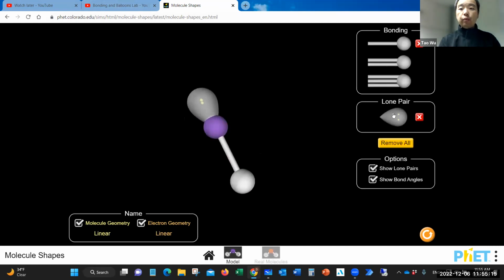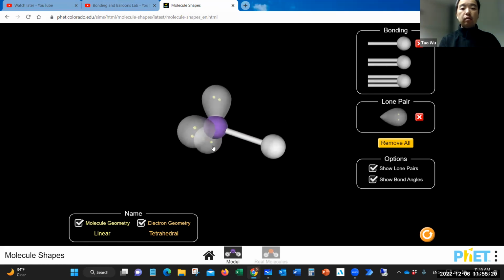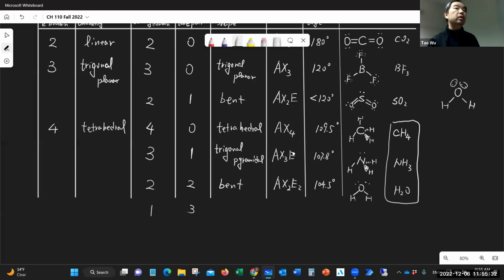If we have 3 lone pairs and only 1 bond, it turns out it's just a linear shape. So usually we don't write this. I just exclude this from the chart, because it's very, very obvious.